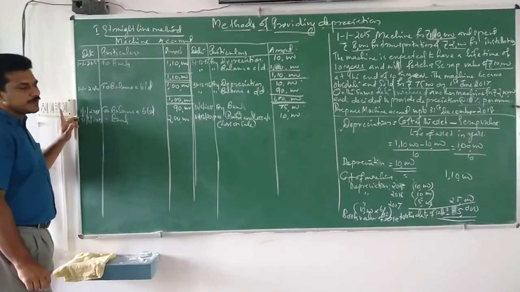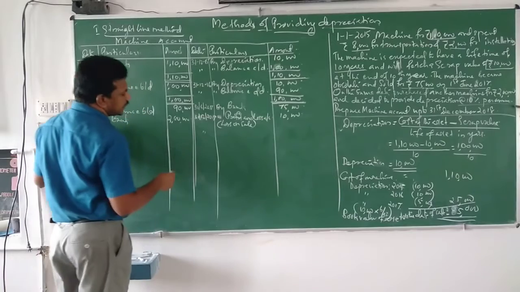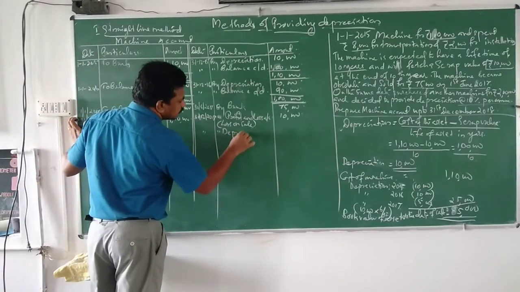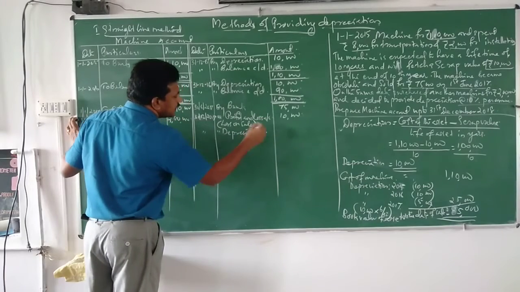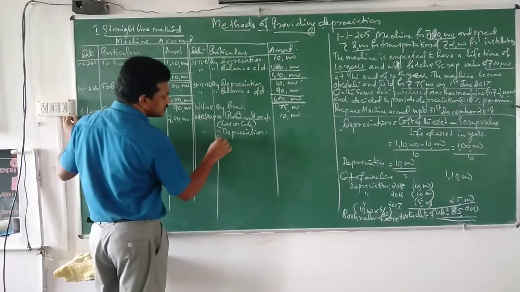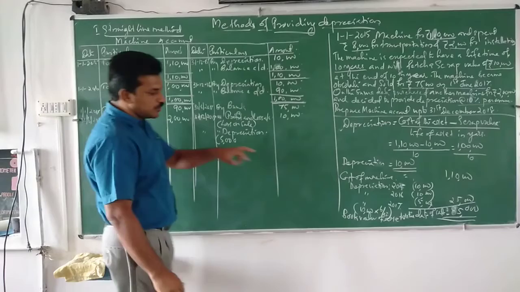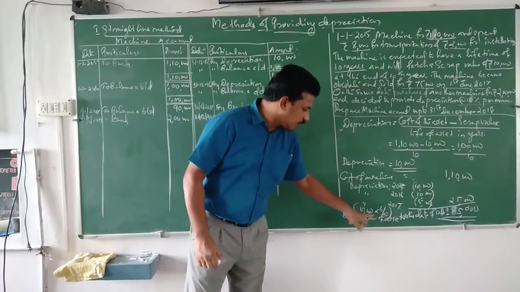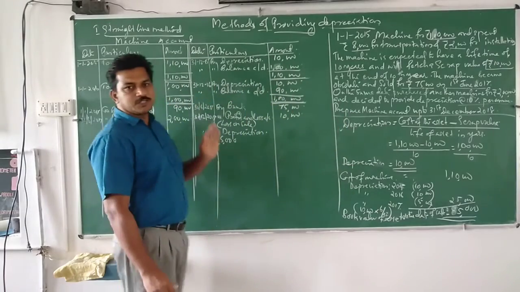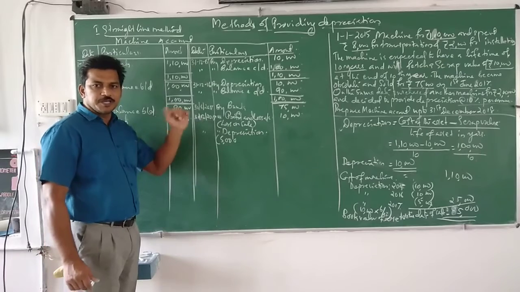Clear? Now here again we can write the journal entry for depreciation. For the first machine there is 5,000 depreciation. Actually it should be 10,000 for the first machine, but it was with us for half a year only.